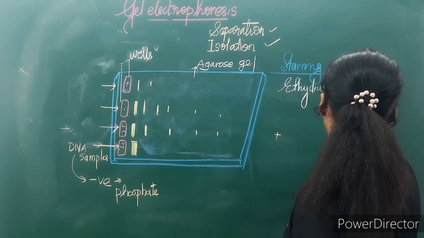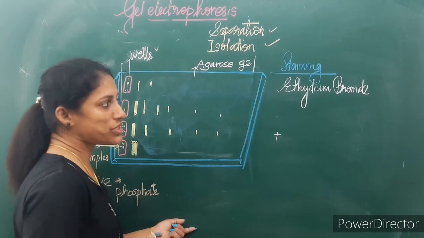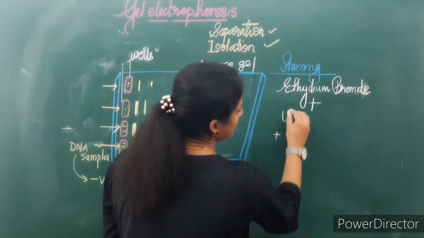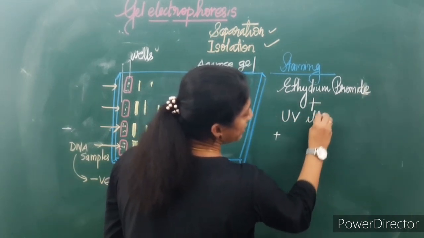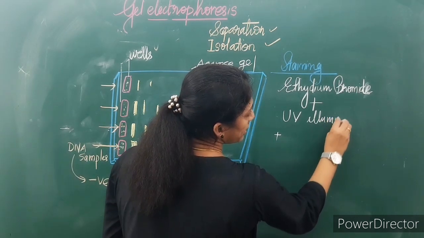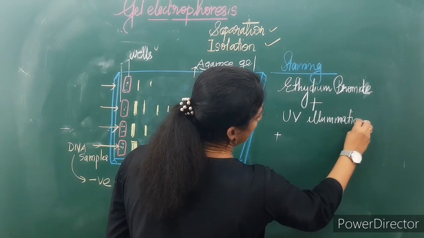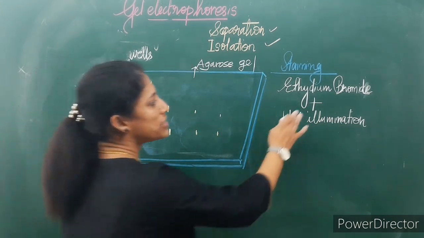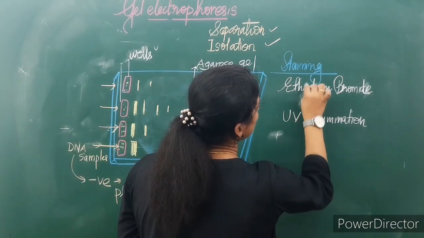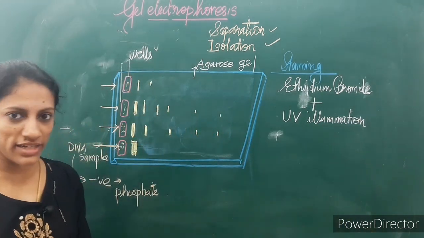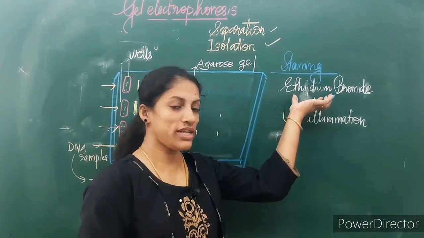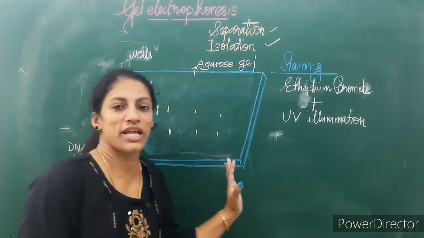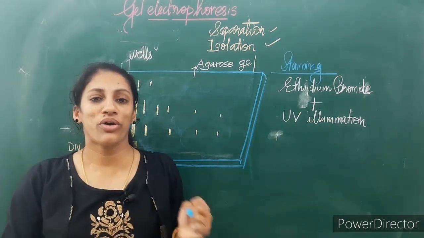DNA can be visualized using ethidium bromide followed by UV illumination. Then we can see the DNA fragments as dark orange bands.